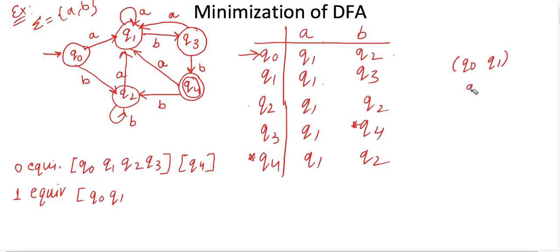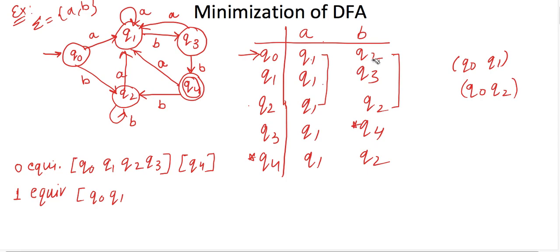Let's take q0 and q2. What I am saying: q0 on a is q1, q2 on a is q1. They are the same, so they are going to reach the same state, so they are already one equivalent.